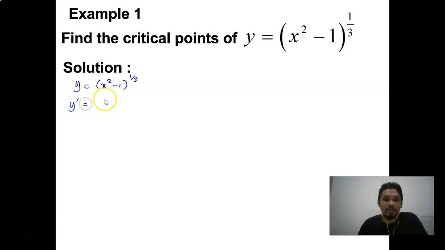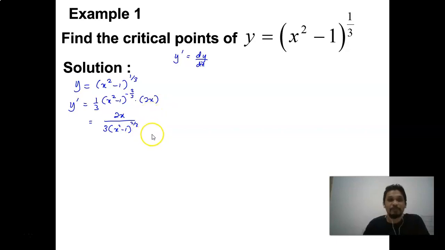Then y prime, which represents dy/dx, equals 1/3 (x squared minus 1) to the power of 1/3 minus 1, which gives negative 2/3, and differentiate x squared minus 1 to get 2x. So y prime equals 2x divided by 3(x squared minus 1) to the power of 2/3.